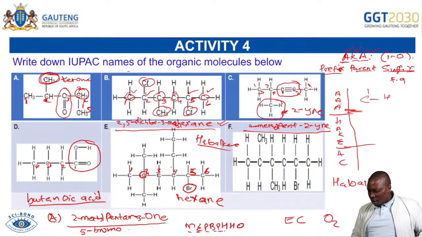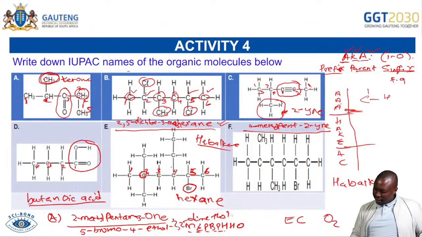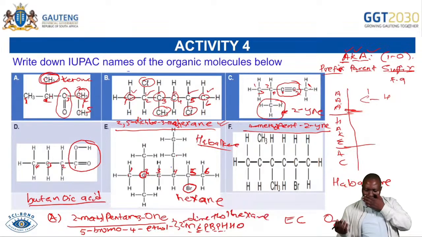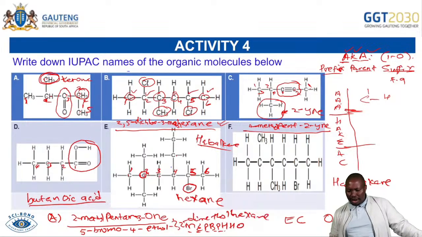And then in carbon number 4, we have ethyl. E comes before M. So we have 5-bromo-4-ethyl-2,2-dimethylhexane. What a name! You can see it's a very long name, but you are able to do that, and then you will get your 3 marks in your exam, and you will have no problem.